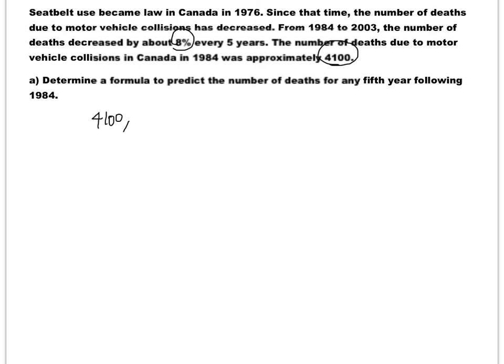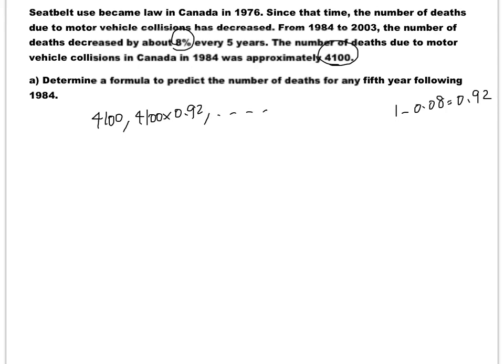So 5 years later, it's going to be 1 minus 0.08, which is 0.92. So it's going to be 4,100 times 0.92. And the next is going to be 4,100 times 0.92 times 0.92, and so forth.